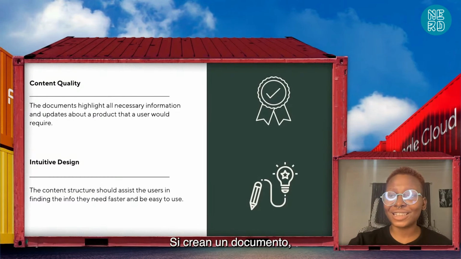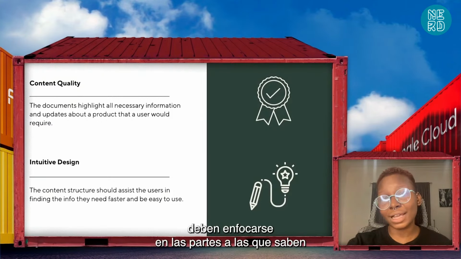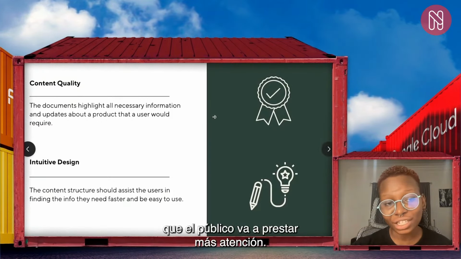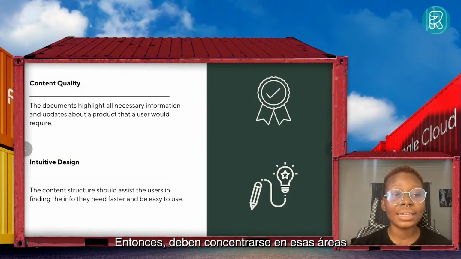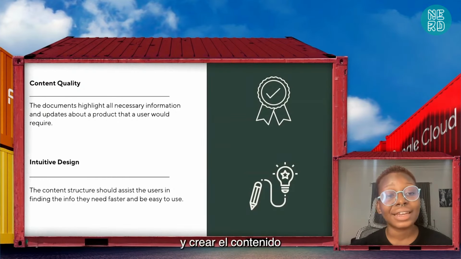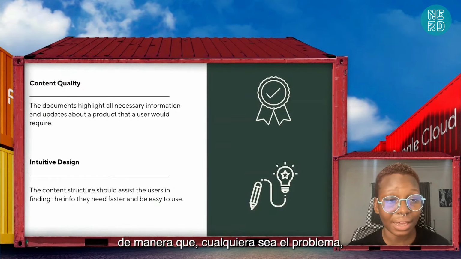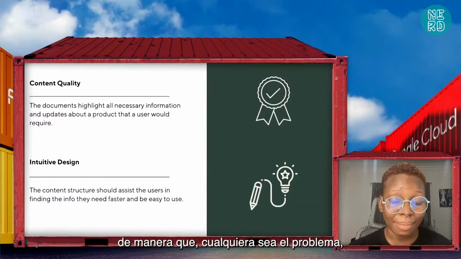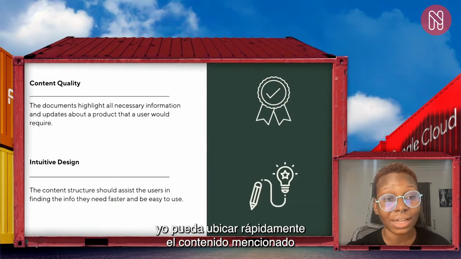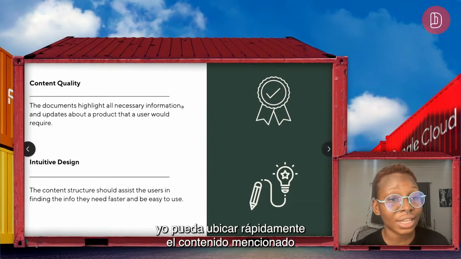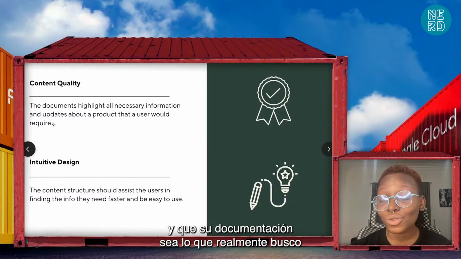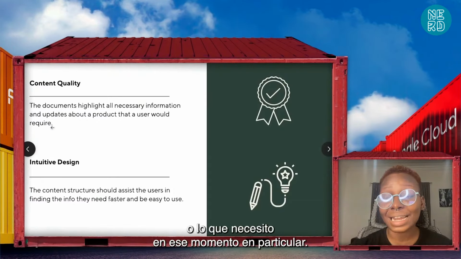So if you're creating a document, you should look out for areas that you know your audience would focus more attention on, and create the content in a way that, whatever problems they might have, they can easily identify what they are looking for at that particular time.